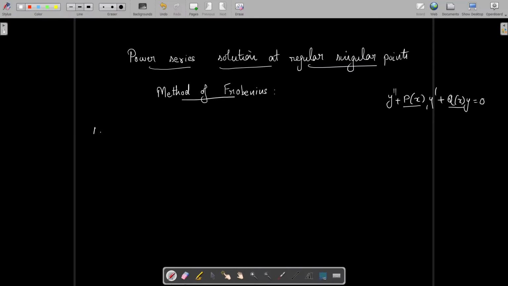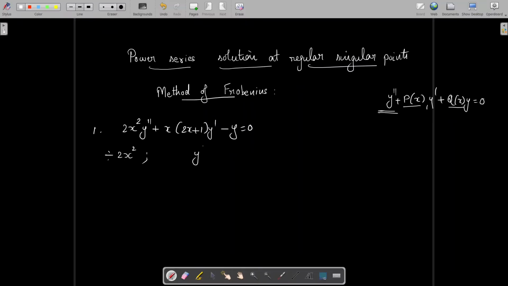So let us solve the differential equation 2x^2 y'' + x(2x + 1) y' - y = 0. First of all, we have to write p(x) and q(x). For that, the coefficient of y'' should be 1. So we divide the whole equation by 2x^2.